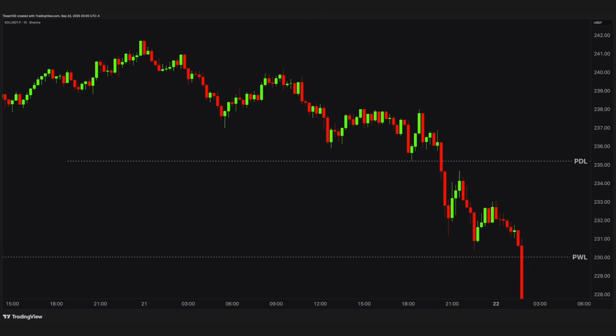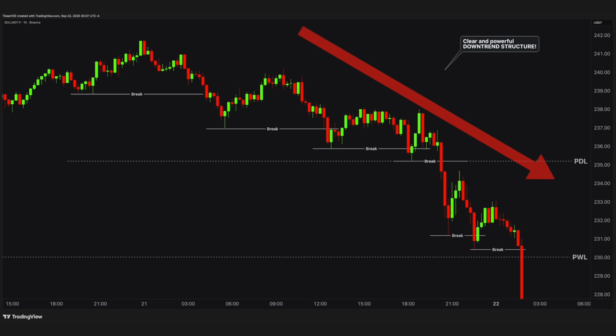Let's take a moment to talk about market structure and how we can improve the way we read the markets. For example, if you look at the Solana chart, you can clearly see that we are stuck in a very strong downtrend. We keep making new bearish breaks to the downside, showing that sellers are still in control.